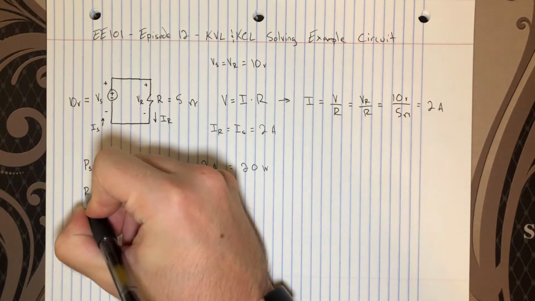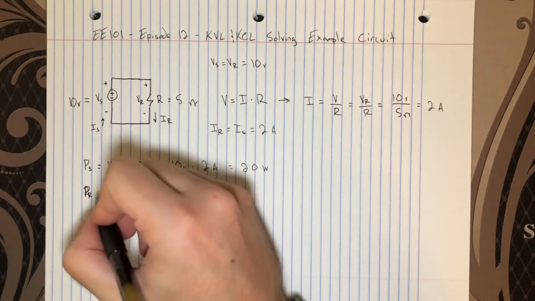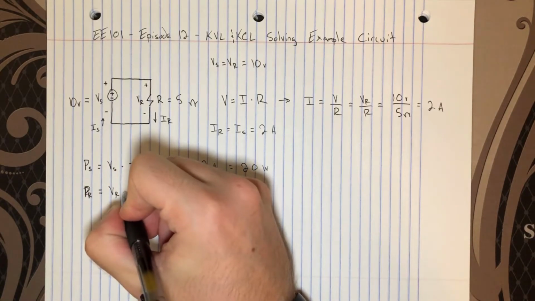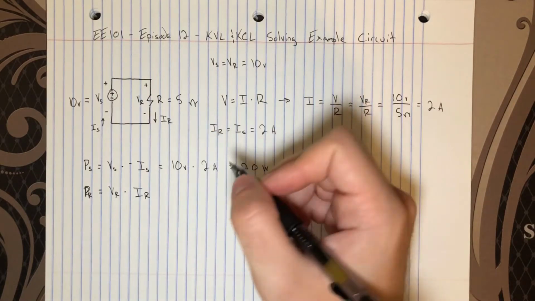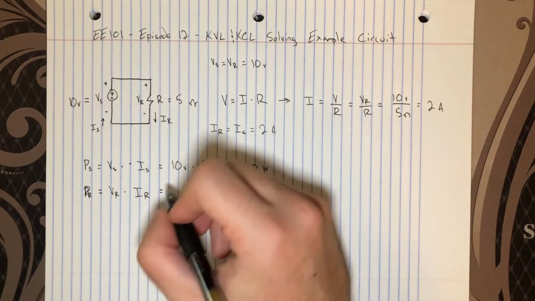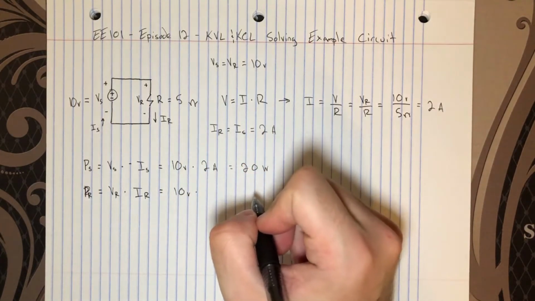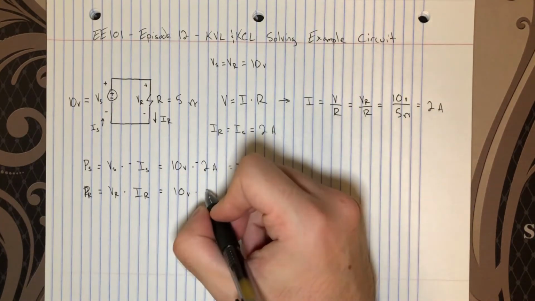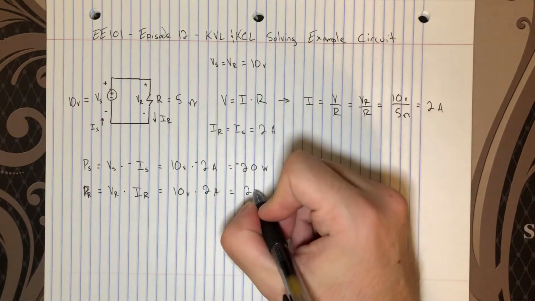So PR, power consumed in the resistor, equals VR times, and I'm just going to say positive IR here. So then I'll say 10 volts times, oh, excuse me, this should be minus, here we go. Then we're 2 amps equals, and this is positive 20 watts.